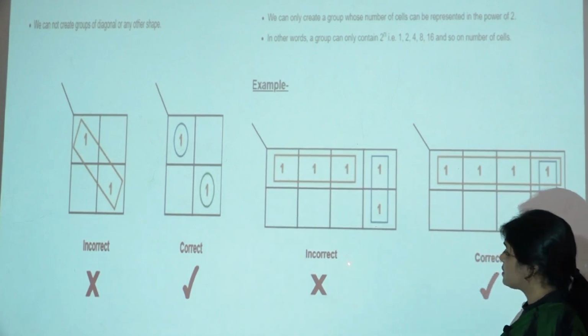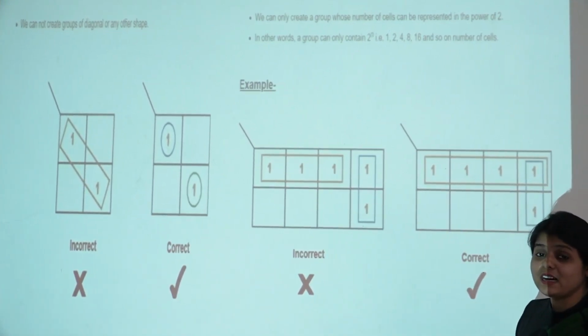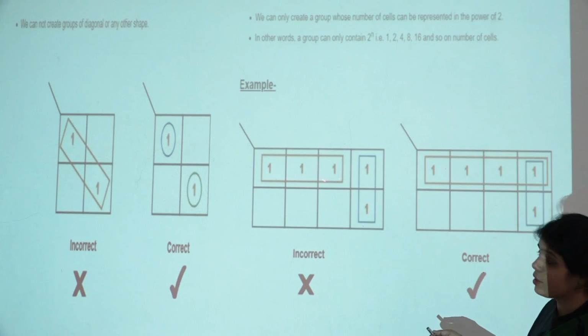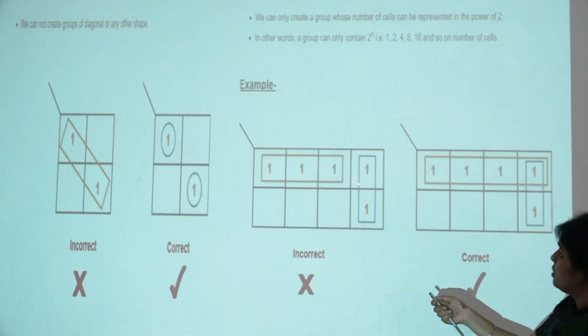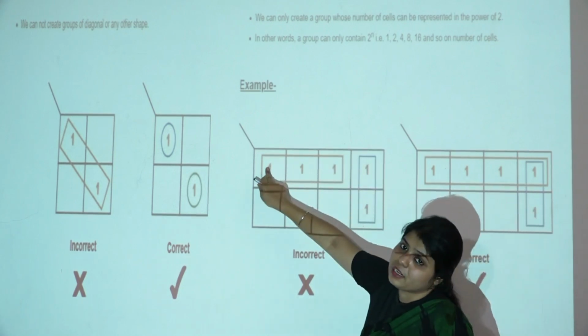Now look at this. Groups of 2, 4, 8 are allowed, but not a group of 3. So here you cannot do this grouping. But in fact, you can group this 4. All these can be done as one grouping.